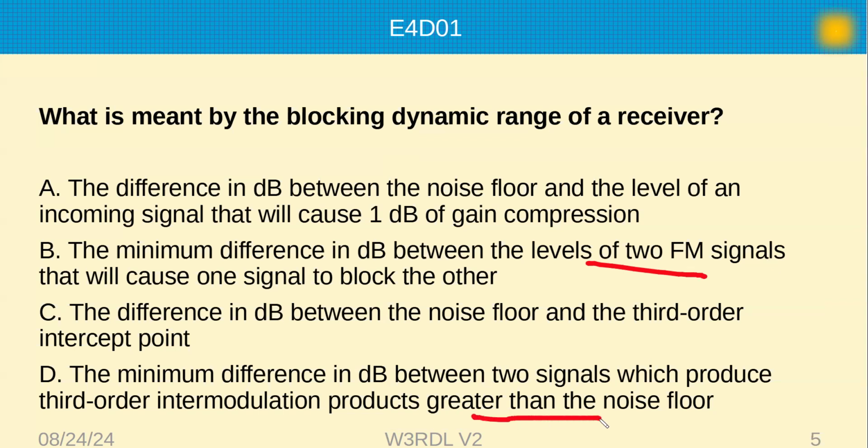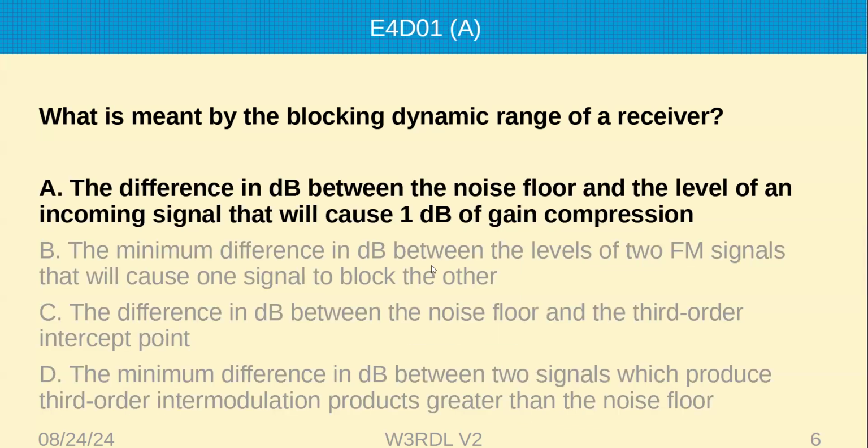And this is not third order harmonics. So we just have to pick between Alpha and Charlie. And Charlie doesn't say anything about a 1 dB compression. So it must be Alpha. It's kind of hard to understand at first. Once you understand it, then it makes sense.